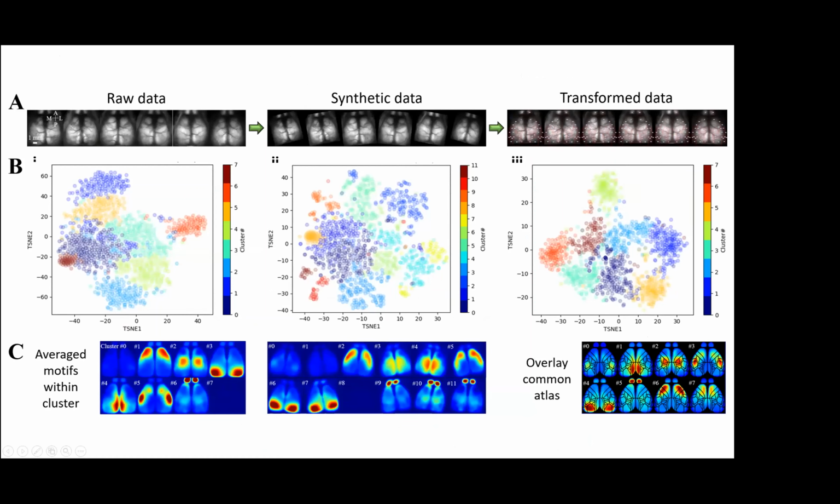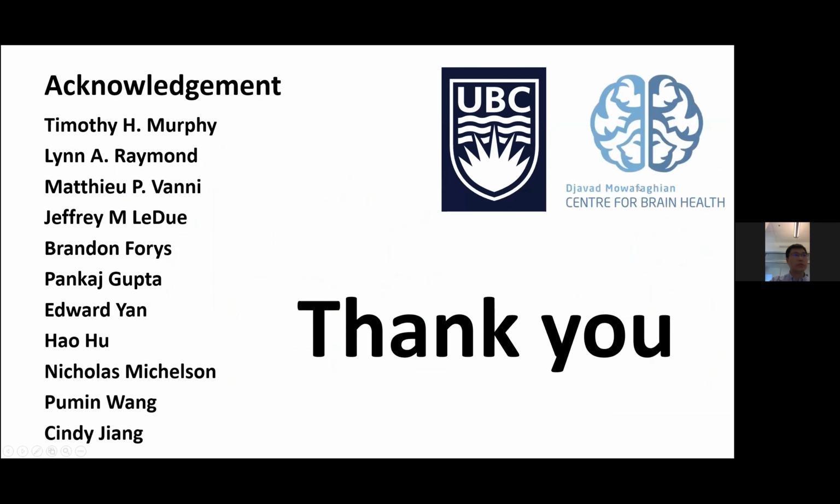For example, we transform the brain image to a common atlas and then classify the cortical activity motifs. We can get a better motif pattern after this transformation. Sorry about the videos.